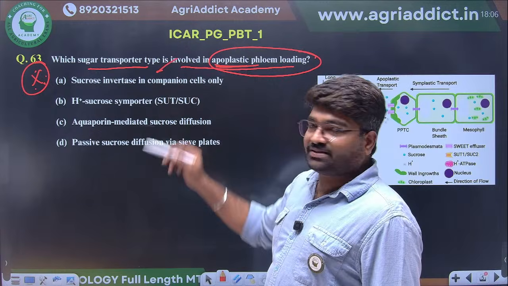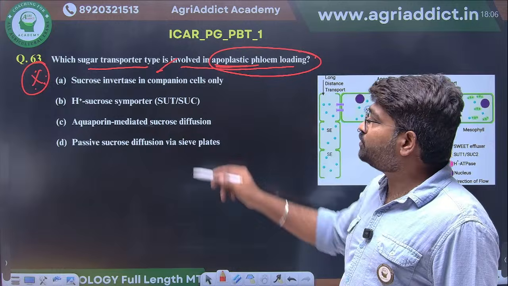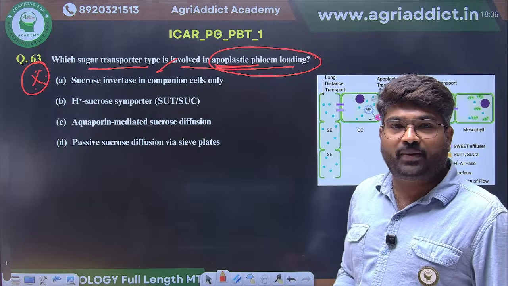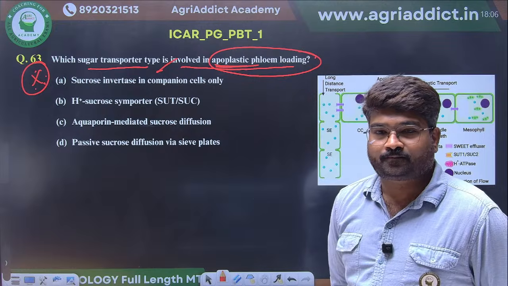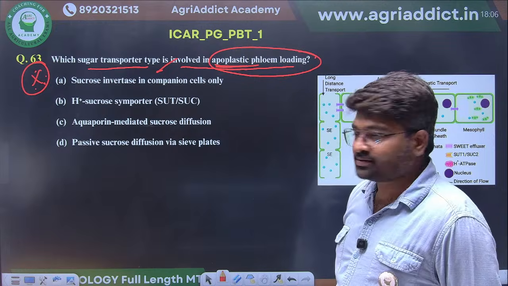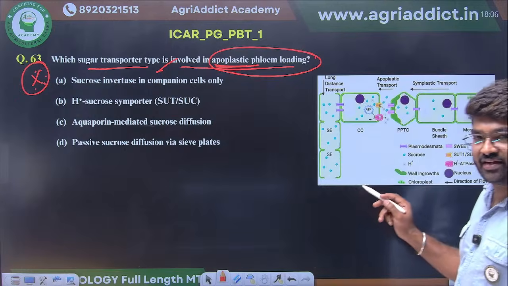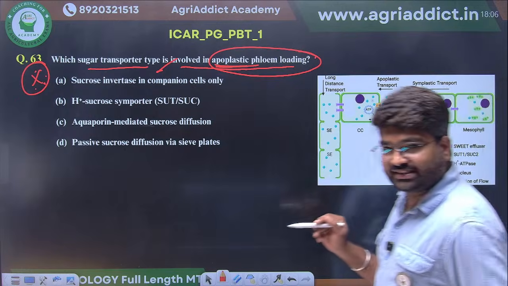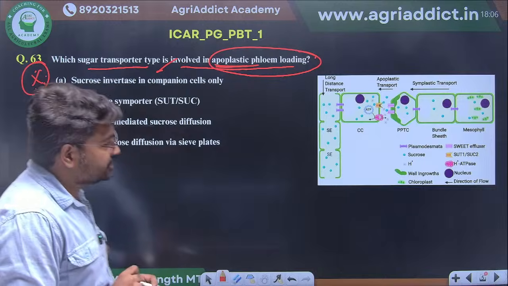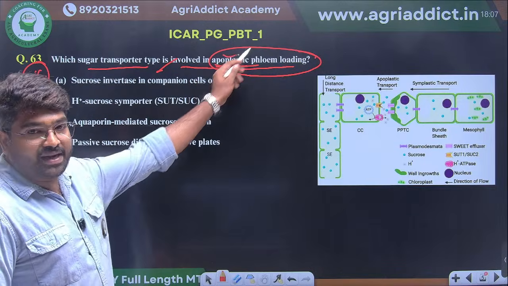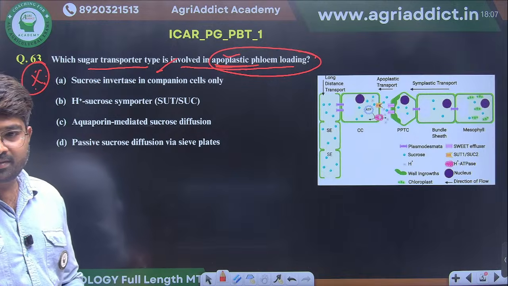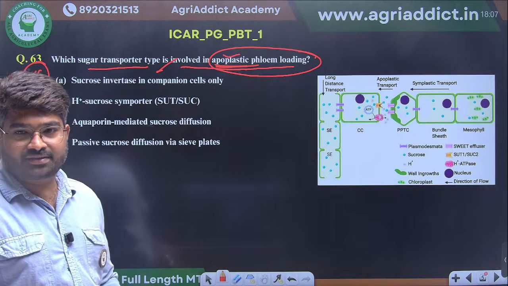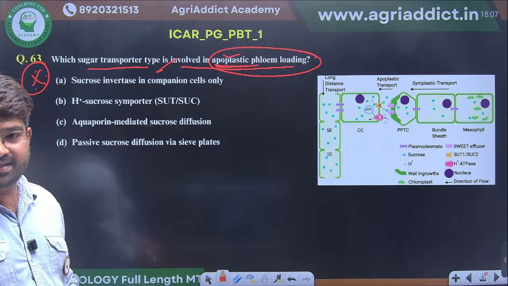Students, answer this. Which sugar transporter is involved in apoplastic phloem loading? Any guess? See the figure properly. Which is the correct answer for this question, students? Uday Lakshmi, Tejaswini, any guess?